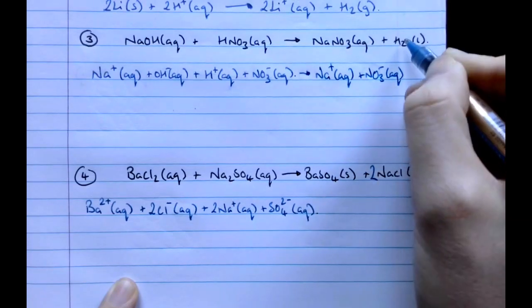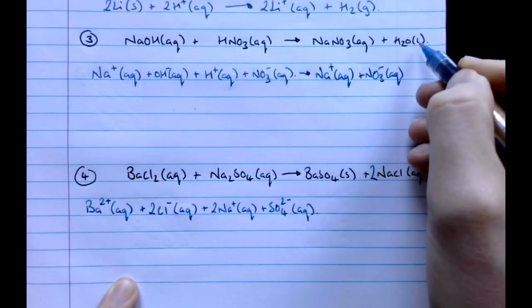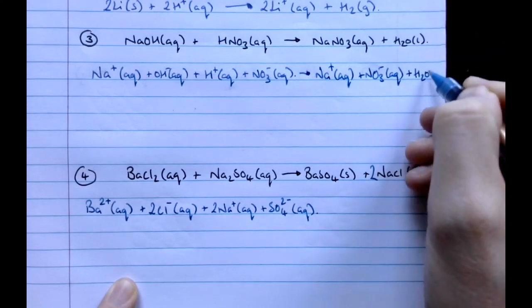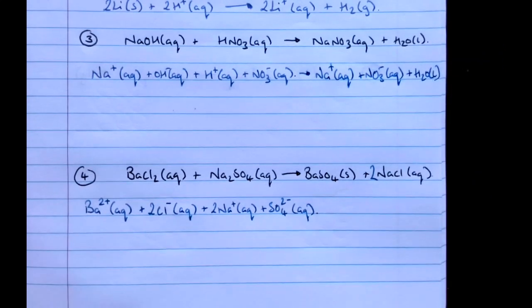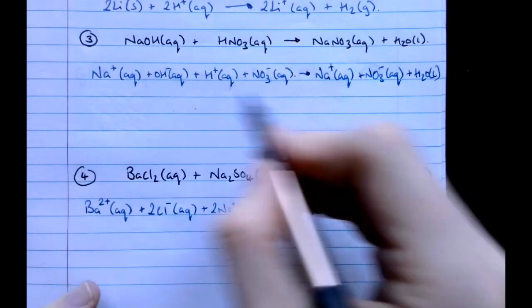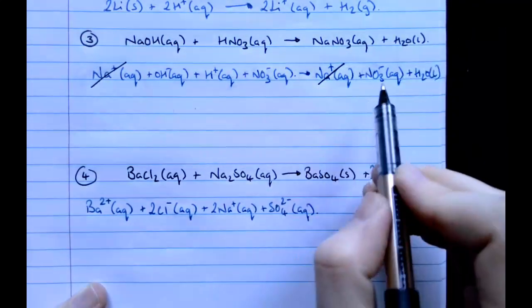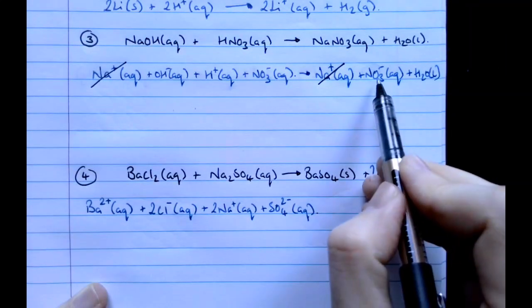Now our water, that's a covalently bonded compound and it's in liquid, so it is H2O liquid. Now, if we look at what the spectator ions are, on both sides I've got Na+, and on both sides I've got nitrate.